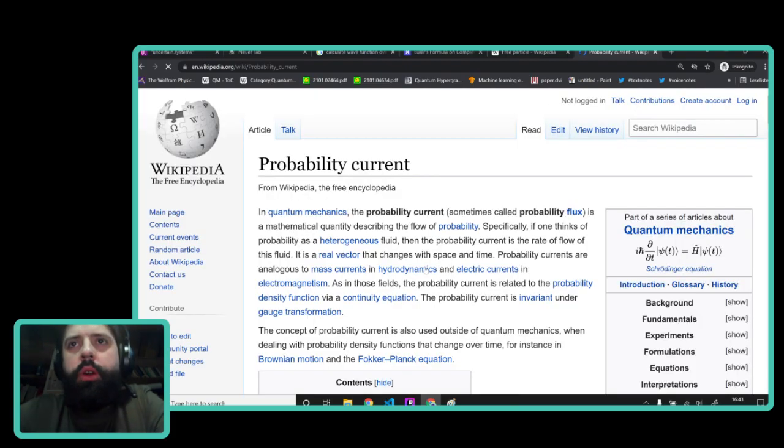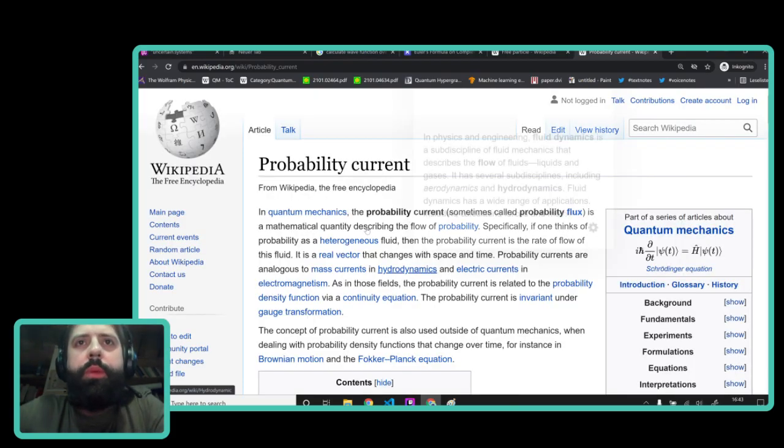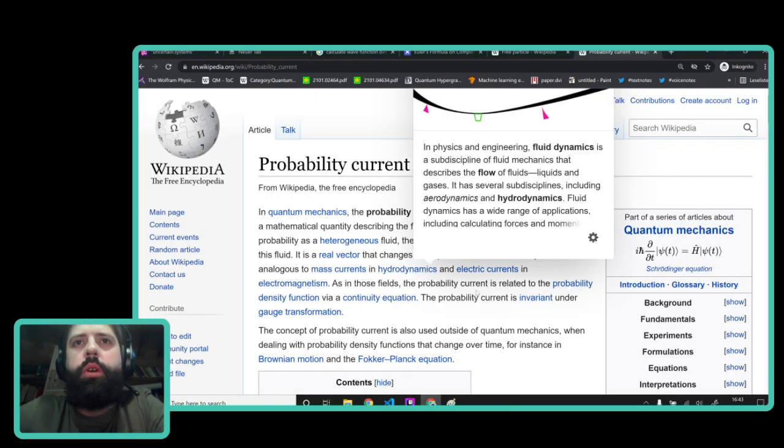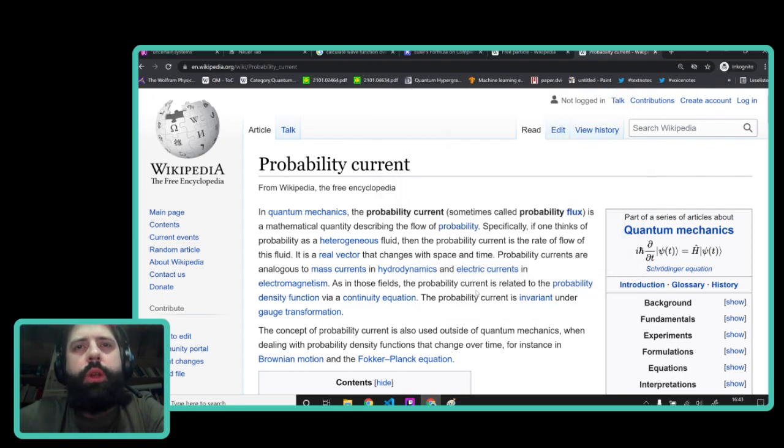So the probability current is a mathematical quantity describing the flow of probability. Specifically, if one thinks of probability as a heterogeneous fluid, then the probability current is the rate of flow. So we have a rate of flow of this fluid. Is that sort of the derivative, maybe, of the probability?